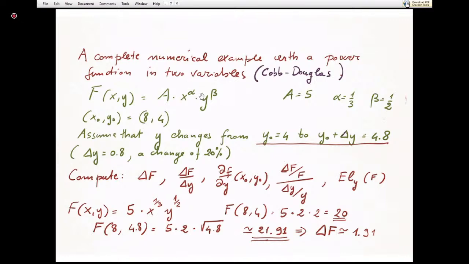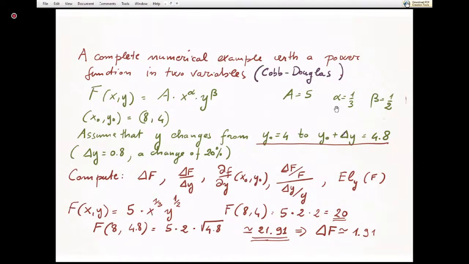This is a very typical production function. X is the amount of the first input factor, Y is the amount of the second input factor. A is a parameter that is assumed here 5. This is related to the technology, in the sense that the larger is A, the larger is the output for any given combination of the inputs. So this is the level of the technology, basically.